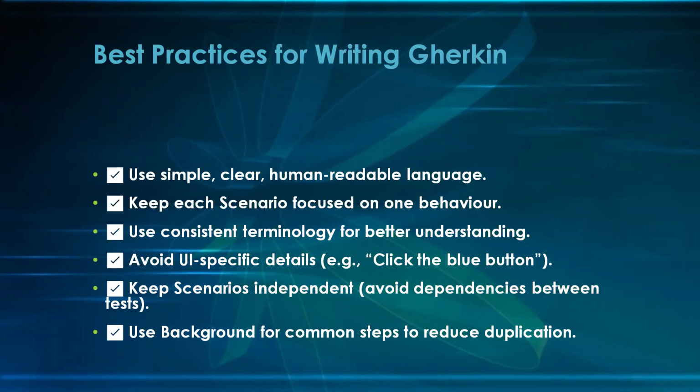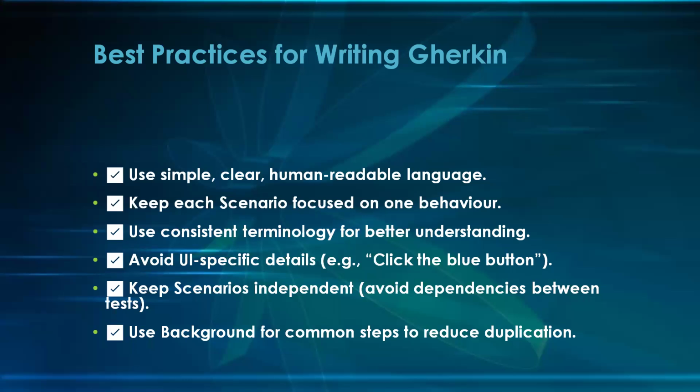I also talked about the hard coding parts. You don't want to add hard-coded data to your test script for automation, so make your steps generic to reuse them across your tests, and then use the background I've talked about to reduce duplication.